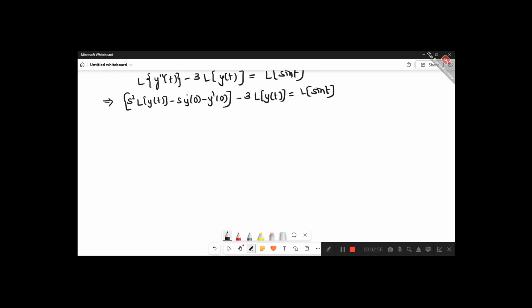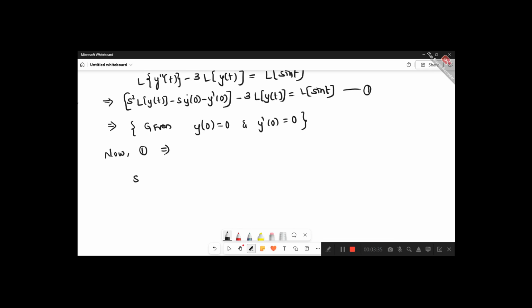See, some conditions are given in the question. So given y of 0 is equal to 0 and y dash of 0 is also equal to 0. Call this equation number 1. Now substitute this condition in equation number 1.